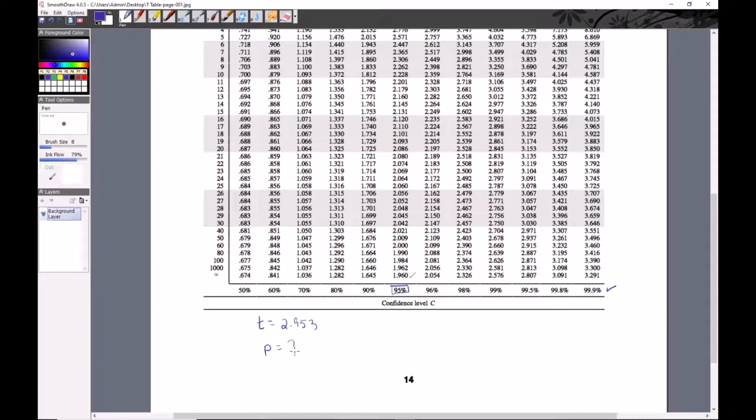Having this exact value for the t test statistic would be highly unlikely. There are a lot of numbers in here, but there's certainly not every single number there is. So we're just going to have to do a little bit of estimating.